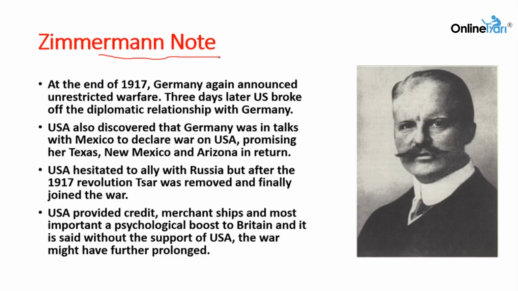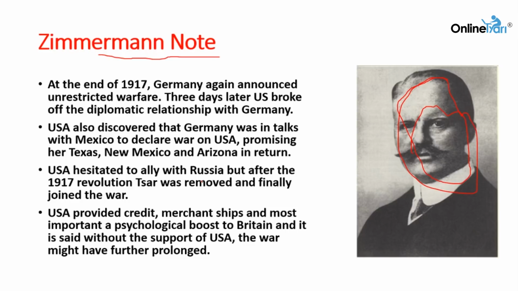And what was the reason for that? The basic reason was this man, Zimmermann, who was the German ambassador to the US. He was in talks with the Mexican government that if you declare war on the USA, then we would provide you New Mexico, Arizona, and Texas.